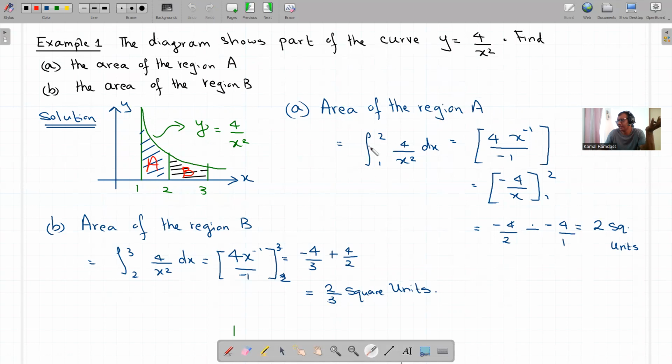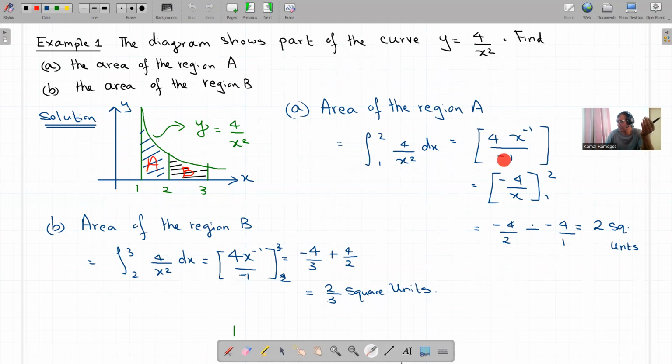Area of the region A, integration of 1 to 2, 4 over x squared dx. For 4 over x squared, we integrate: increment the power by 1, and then divide by the new power. Minus 2 incremented by 1 means minus 1.